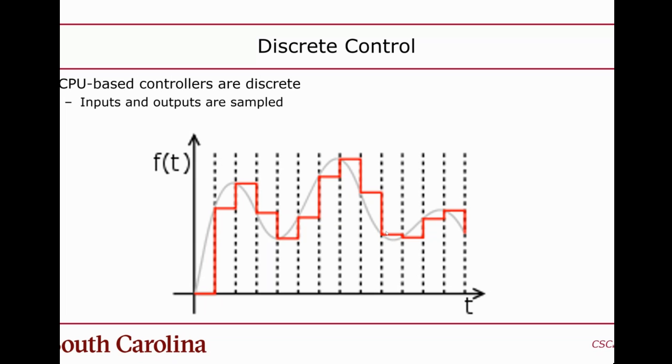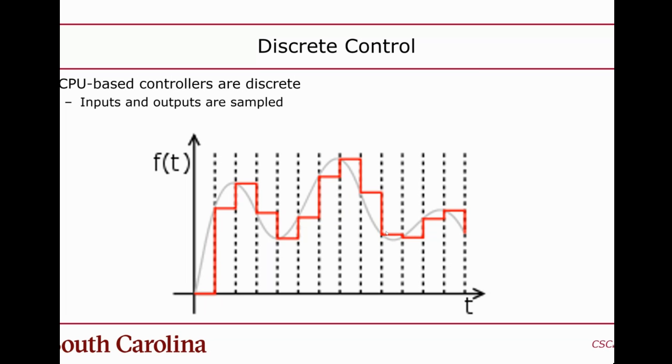And that's what the physical system is going to be seeing from the controller. If it's a physical system, it is an analog system. It's an arm, it's a rotor, it's a motor, it's an actuator. Even though the controller is trying to give it a control signal, it's going to see this discretized control signal.